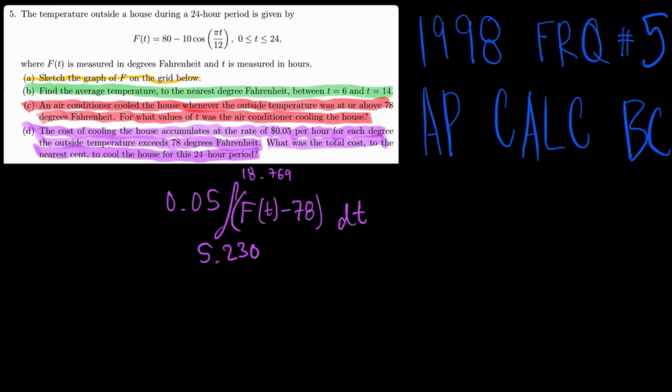And our limits of integration are the bounds for which the temperature outside the house is at or above 78 degrees. So I'll just plug this into my calculator, and that is, if I'm rounding to the nearest cent, $5.10. And that is our answer to the final part of this problem.